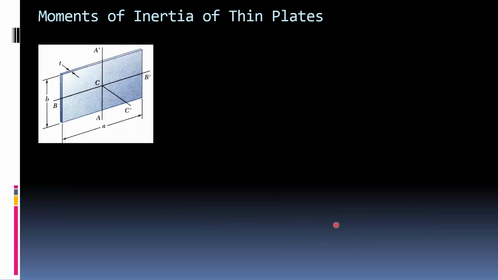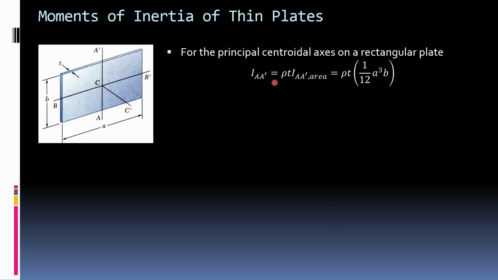So again, some moments of inertia of the thin plate. We just talked about this, right? So for the principal centroidal axis on a rectangular plate, you pull out the rho t times I area, right? Well, we know what a thin plate is through the centroid. We talked about right here, right? So we're talking I_AA right now. So what is the centroidal axis? It's 1/3 b h cubed.